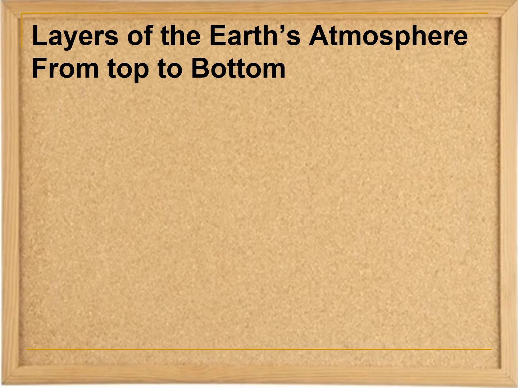So this time, let's talk about the layers of the Earth's atmosphere, starting from the top, going to the bottom. Just imagine the word layers are like levels, or like the steps in a staircase, by which we step from the top going to the bottom.